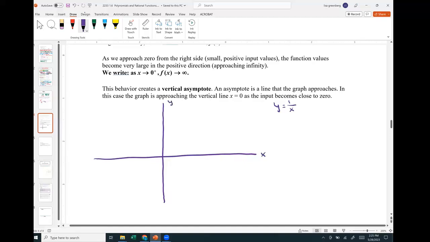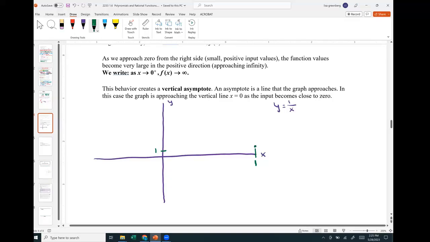This is the y-axis. Now, I'm going to do something that's going to look a little strange. It's not going to be proportional. So let's call this 1, and we're going to call this 1. Okay? So when x equals 1, y equals 1.